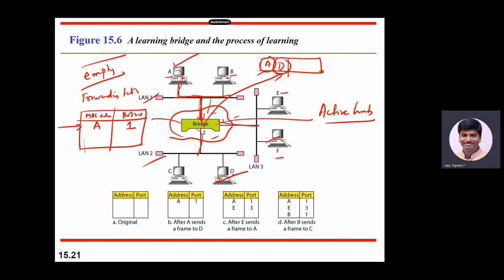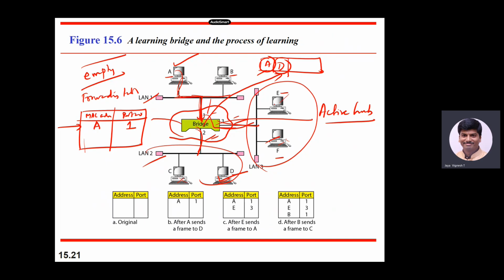It does not know where D is, so it floods the frame by forwarding it on all the outgoing ports, 2 and 3, except 1. Obviously, LAN 2 and LAN 3 are going to receive it, which is not very good because it creates traffic in all the LANs. But the frame was forwarded and in LAN 2, D has received it, and the rest are going to discard it.